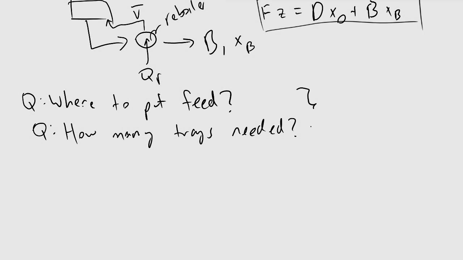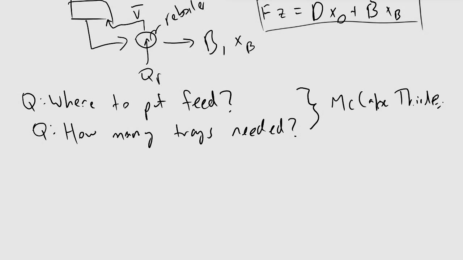So these are excellent questions that can be answered by the McCabe Thiele diagrams. Sorry, this pen doesn't register too well, but what I will do now is draw out a McCabe Thiele diagram, but first I will talk about the variables that we need to define before doing that.